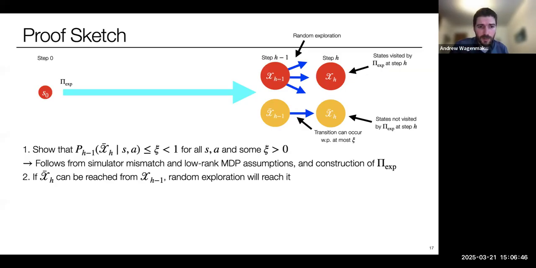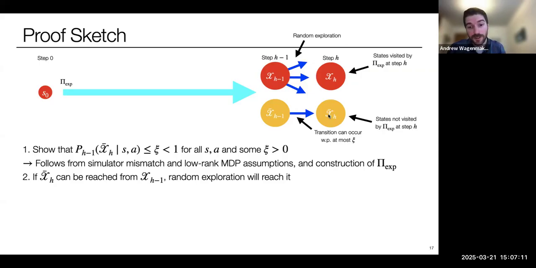Okay, so if bar x of h can be reached from x h minus 1, then randomly exploring from x h minus 1 will reach it. If there exists some path from this set of states to this set of states, and I'm just playing actions at random, then it might take me a number of action tries, but eventually I will reach this set of states.